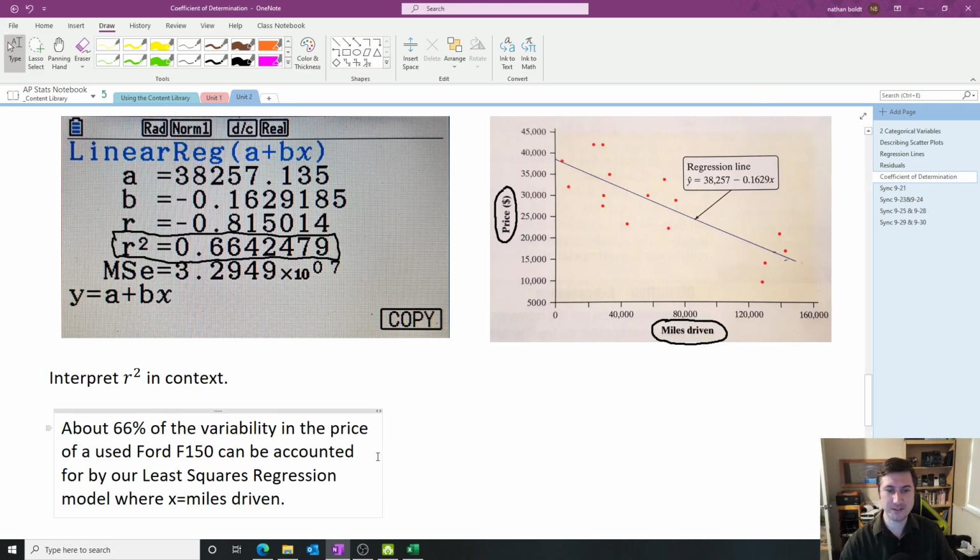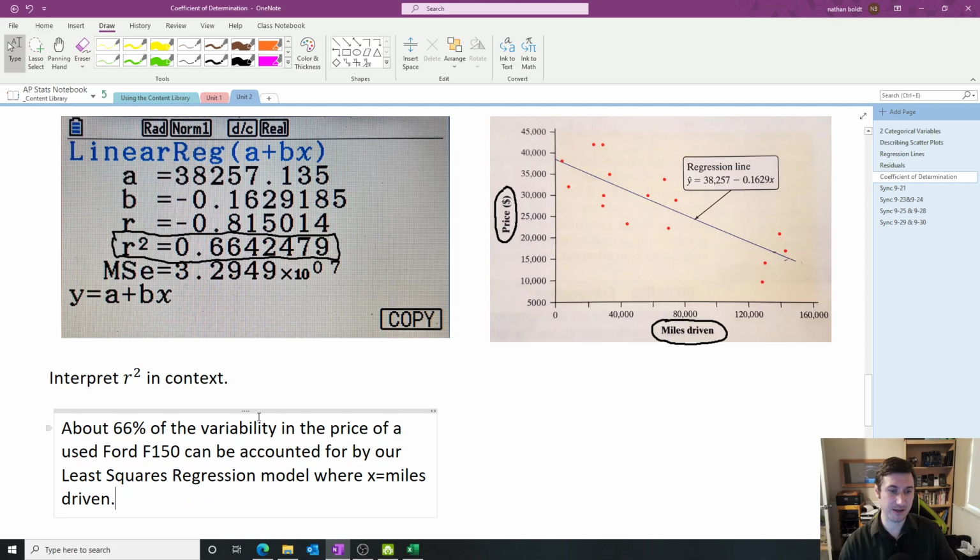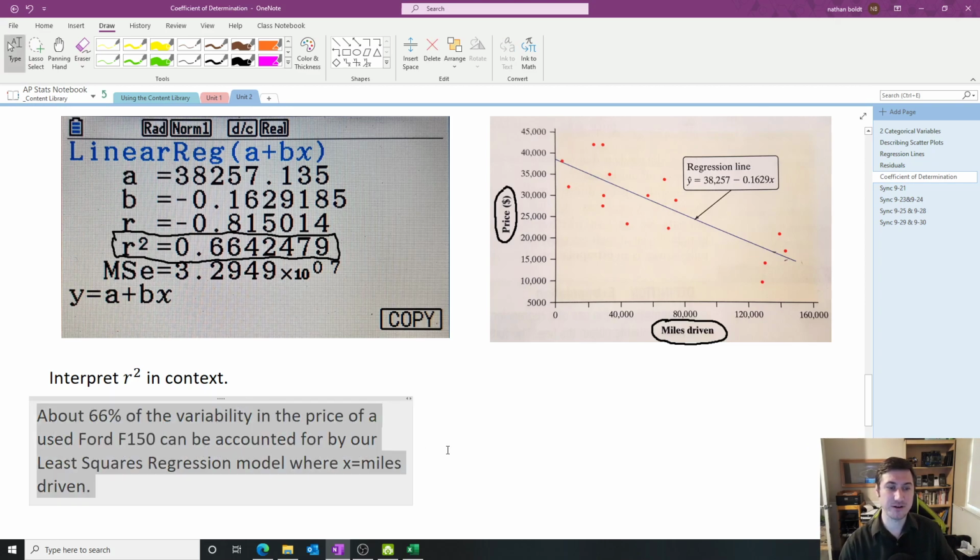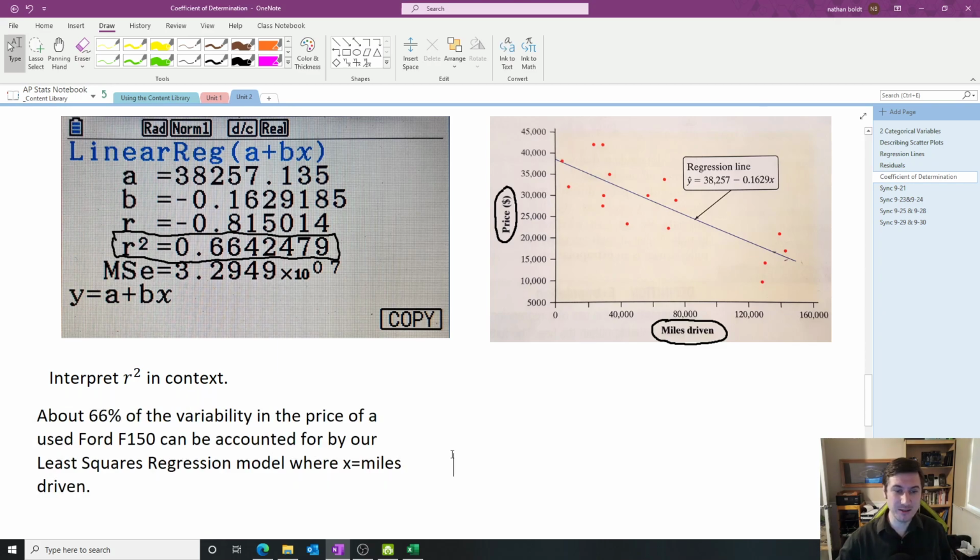So 66% of the variability in the price of a Ford F-150 is accounted for by our regression line here. Well, that means 34% must be coming from other sources.